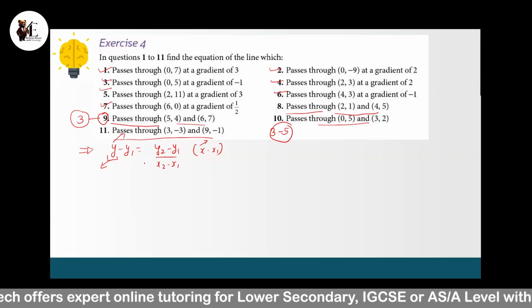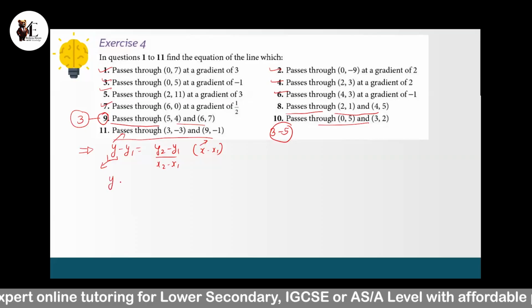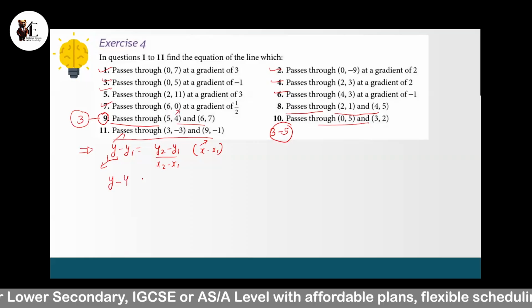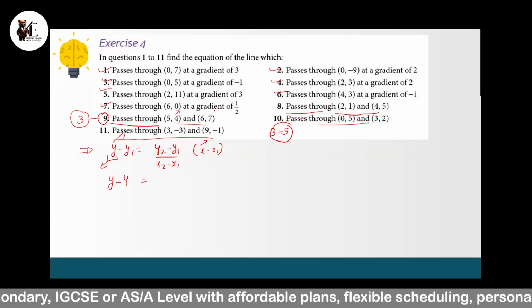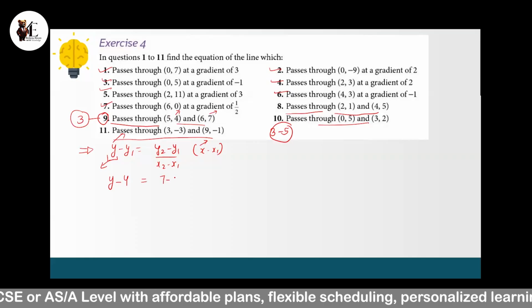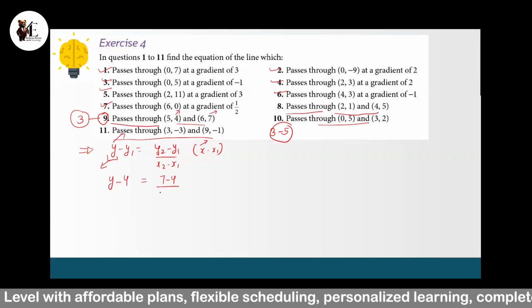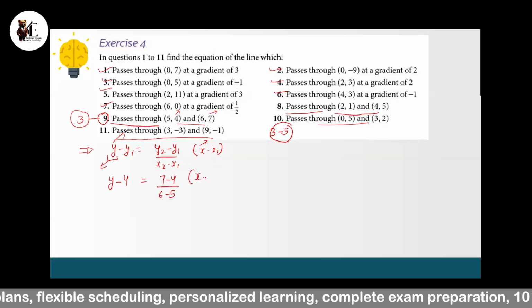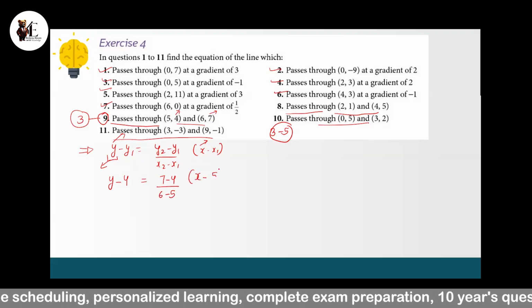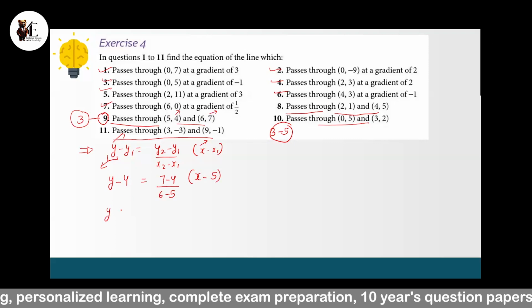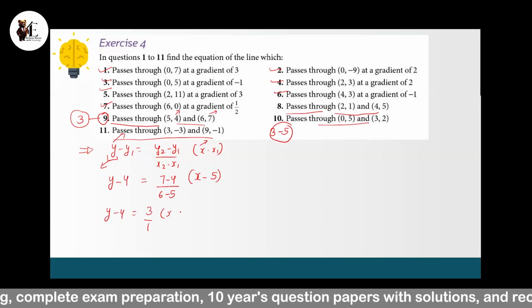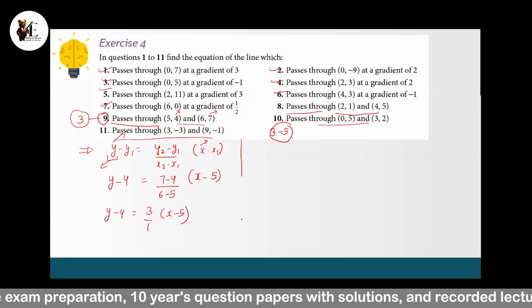Okay, let me substitute the values, no issues. Question number 9. So y1 is 4, y minus 4 is equals to y2, that is 7 minus 4 over x2, which is 6 minus 5, and x remains as it is, and x1 is 5. So now solving this, 7 minus 4 is 3, 6 minus 5 is 1, and x minus 5.